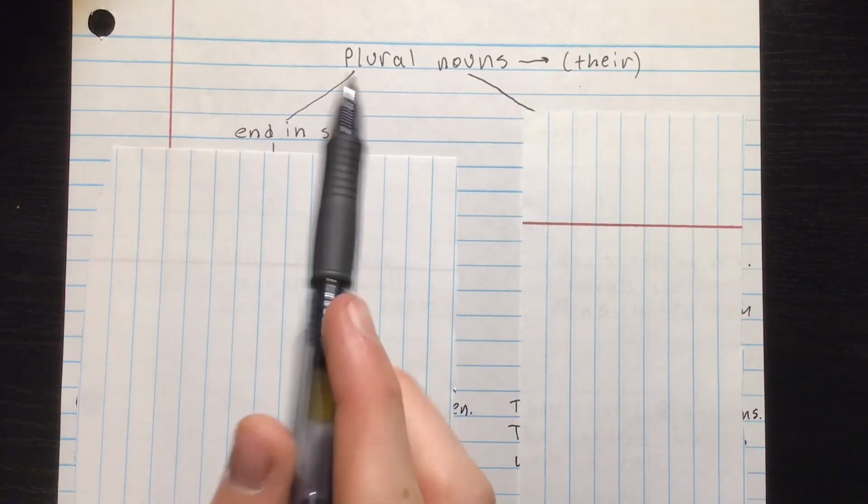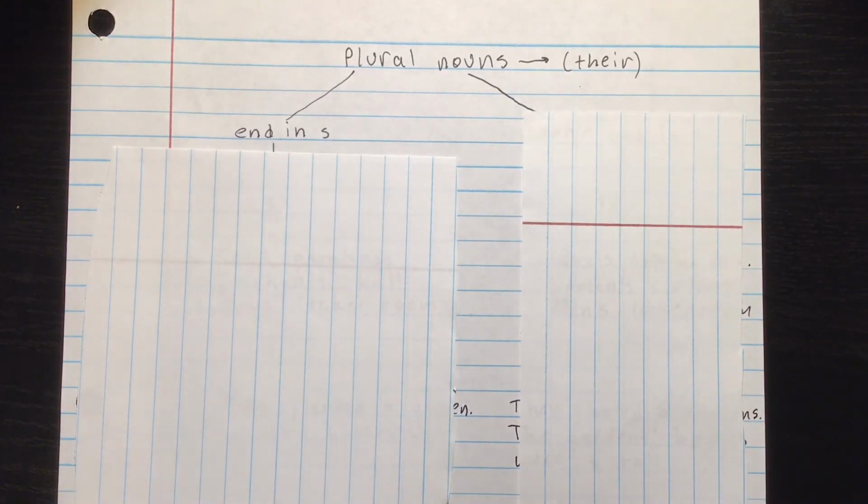All right, switching gears from singular nouns to plural nouns. A singular noun would be like elephant, one unit. A plural noun would be elephants, more than one. Simple enough. So before, to distinguish a singular noun, if you could replace the noun with the pronoun its, her, or his, that would tell you that you had a singular noun.